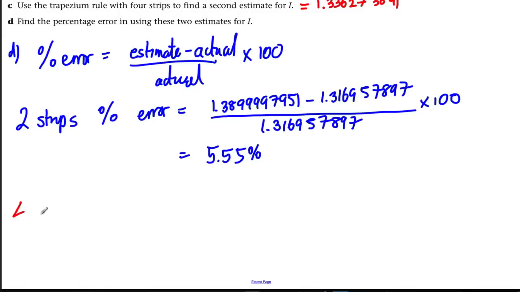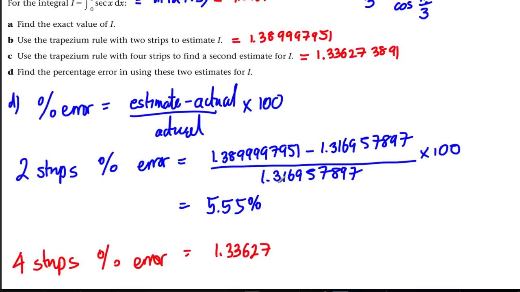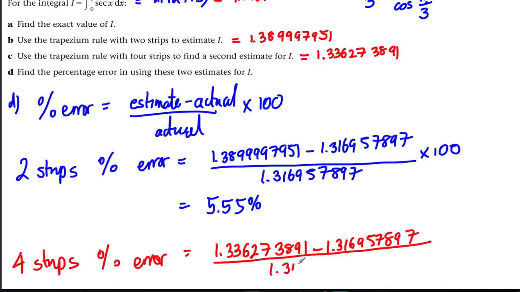And if we're doing 4 strips now, let's do that in a different colour. The 4 strips percentage error, well, it's going to be equal to my guess, which is 1.336273891, take away 1.316957897 divided by 1.316957897 times 100.